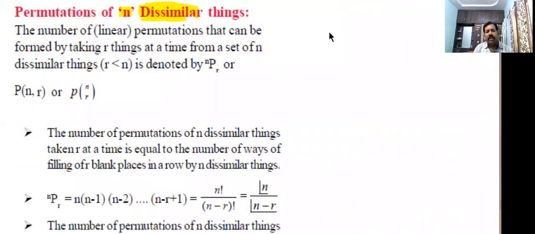The number of permutations that can be formed by taking r things at a time from the set of n dissimilar things is denoted by nPr or P(n, r) or Pnr. The number of permutations that can be formed by taking r things at a time out of n things.